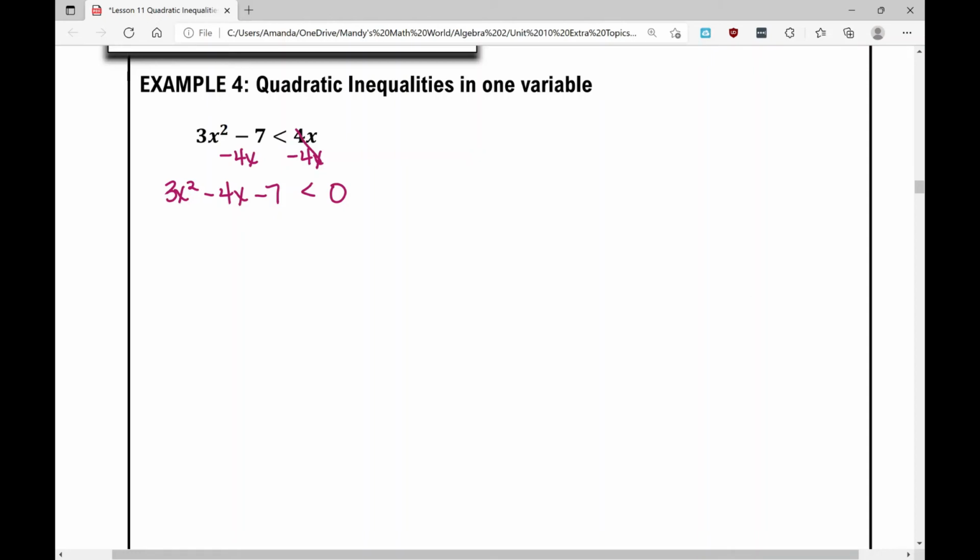So this is a quadratic in standard form that has an a value that's greater than 1. So I'm going to use this slide and divide technique, right? I'm going to factor it. So 3 times negative 7, I'm going to get x squared minus 4x minus 21, and I'm just factoring this.